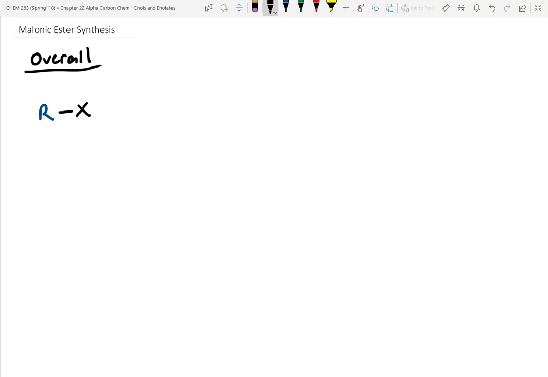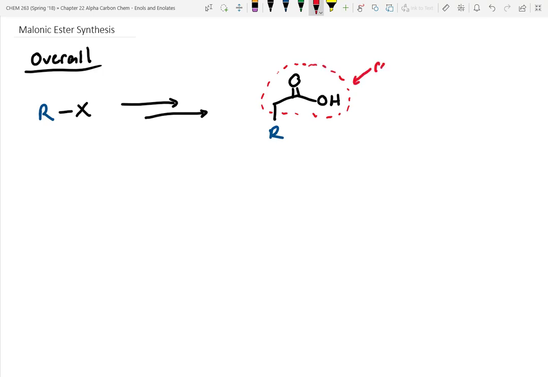I'll call that X. And after a few steps, you end up making this product on the right. So really what you're adding is a CH2 and a carboxylic acid. So it's a pretty clever alkylation strategy, and I'll show you how it works.